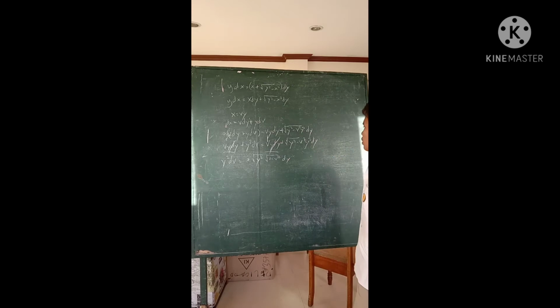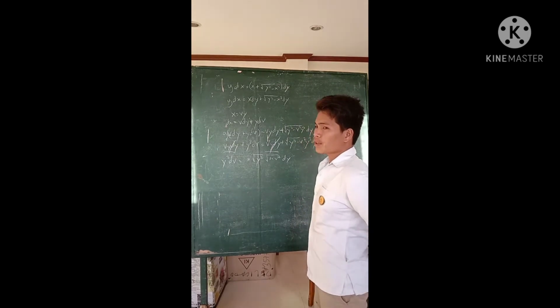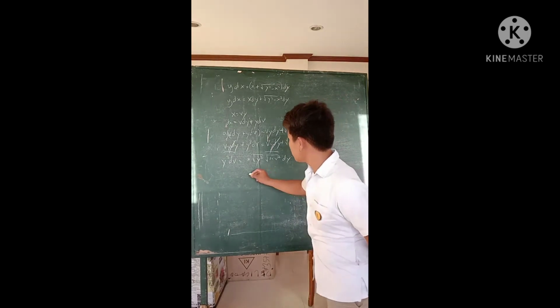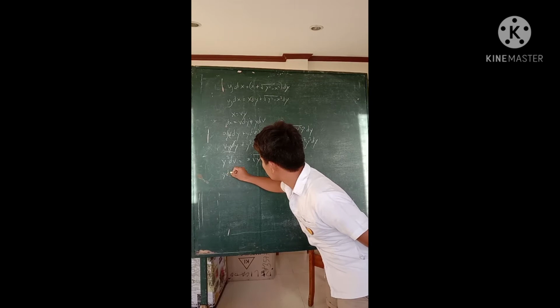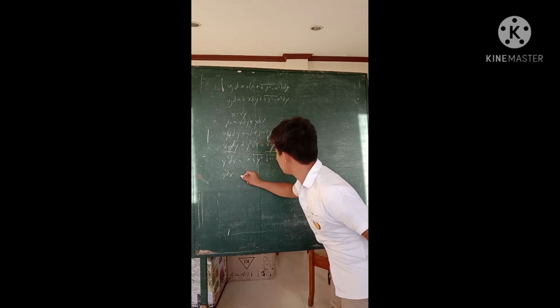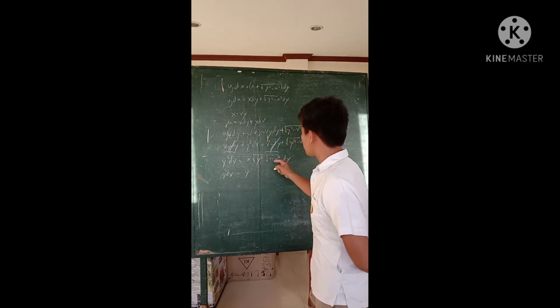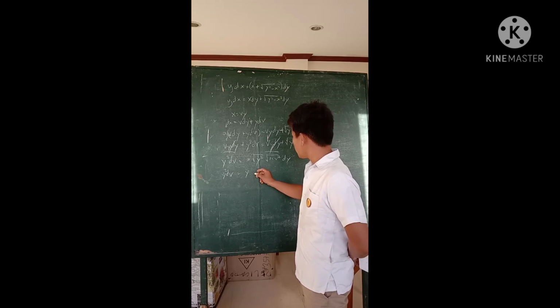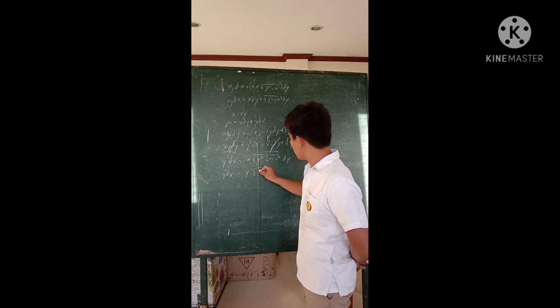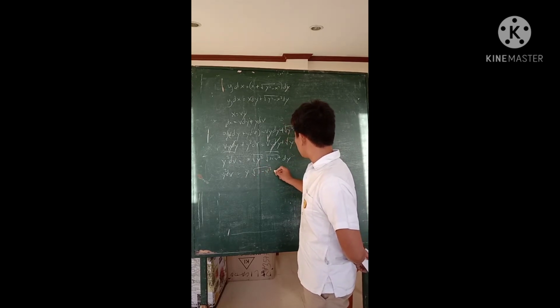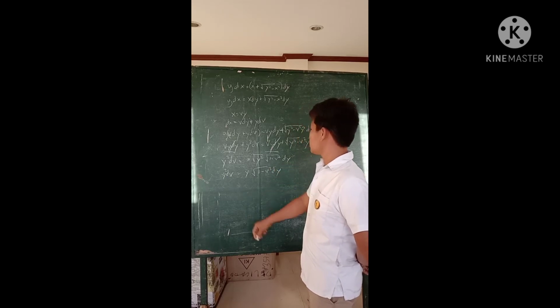Since we have factored out, the square root of y squared becomes y. So y squared dv equals y times the square root of 1 minus v squared dy.